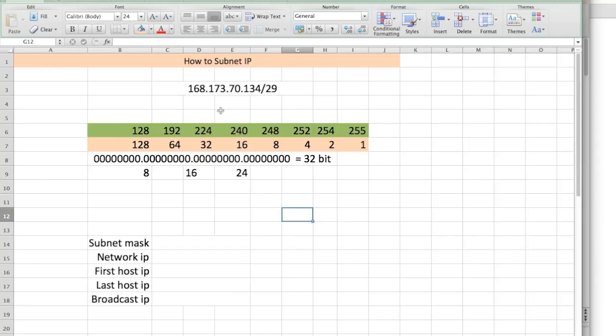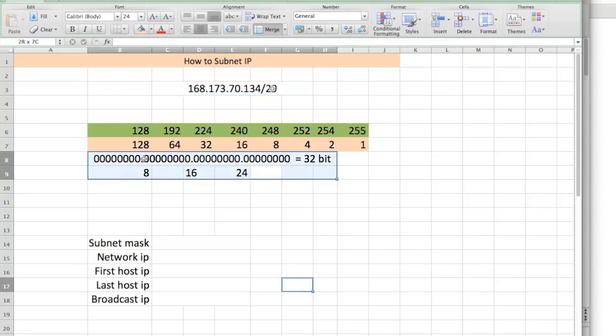So once you have this little chart going, we'll go ahead and take this number. So let's go ahead and find out what the subnet mask is. The first thing you do is you look at the /29, right? The CIDR notation. Remember we said that tells us what the network ID is, right? So we need to find out what /29 is. So we take 29, and then we come down here and we look at this chart, right?